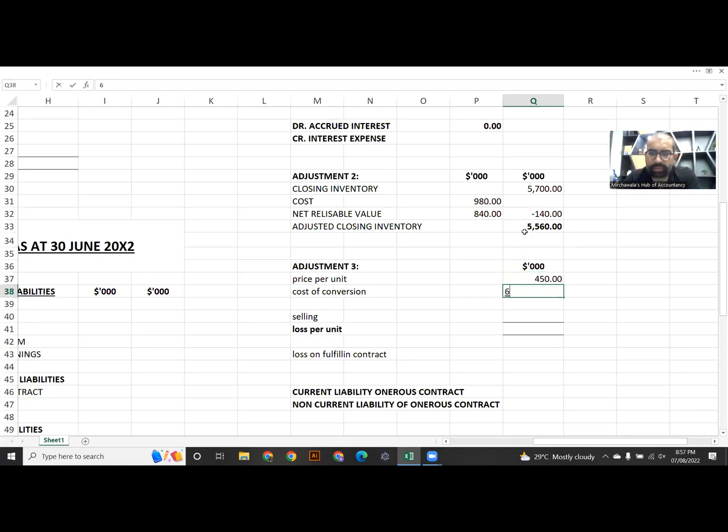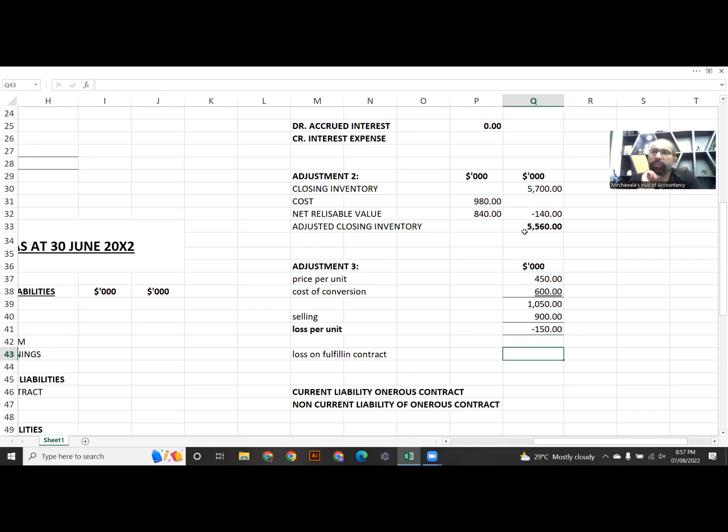Additional cost was 600, so automatically 1,050. And the selling price was, I think, 900. So what was the loss per unit? The loss per unit was this less this. It's 150.